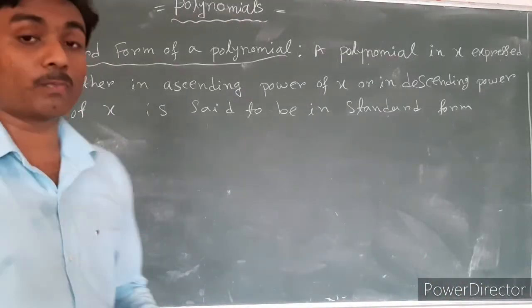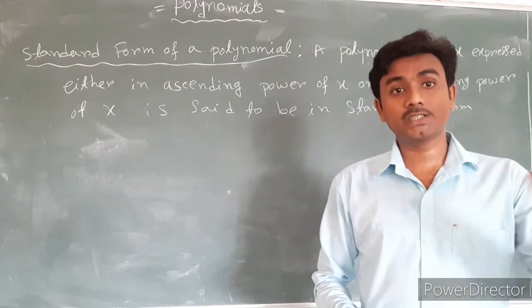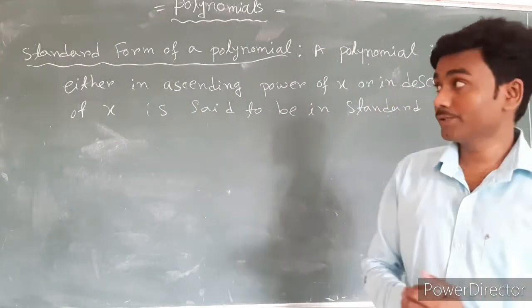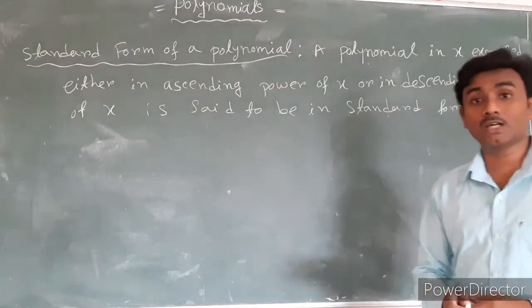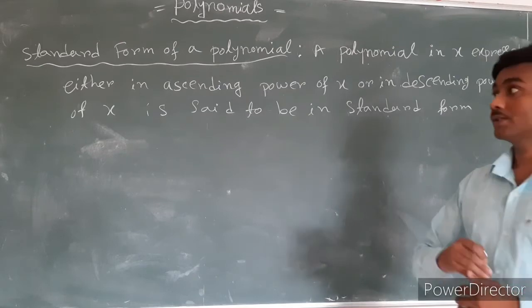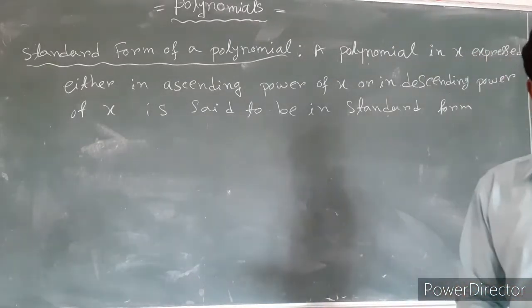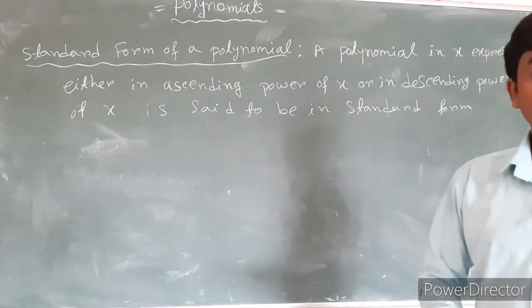Standard form of a polynomial. When is a polynomial said to be in standard form? If a polynomial in x is expressed either in ascending power of x or descending power of x.